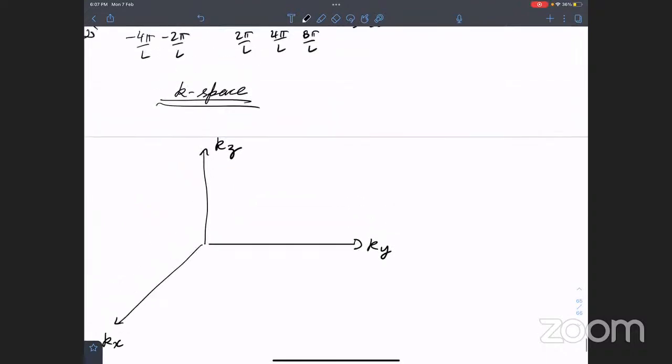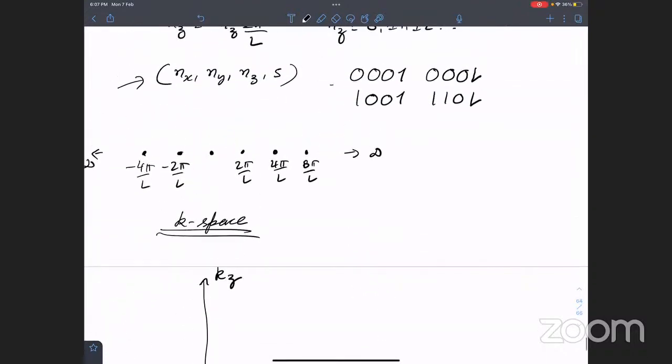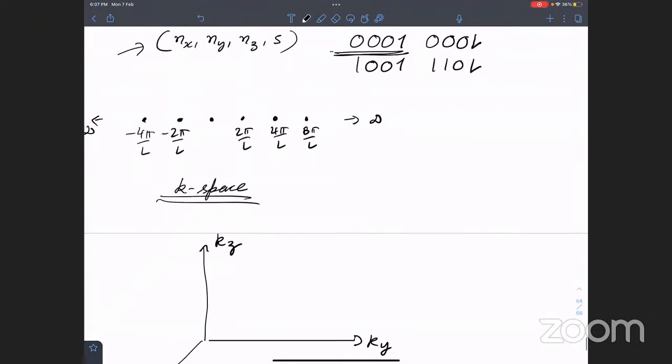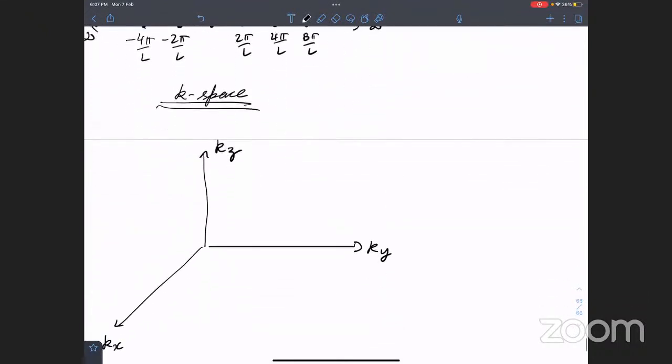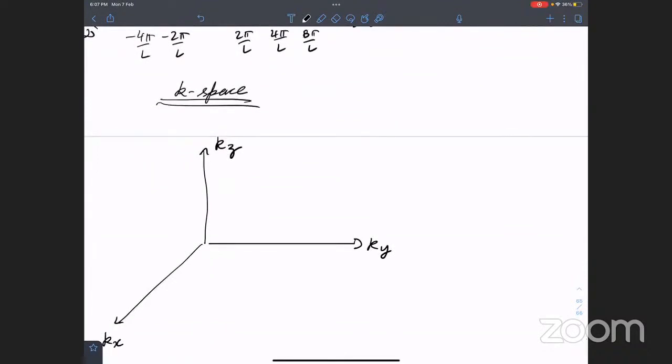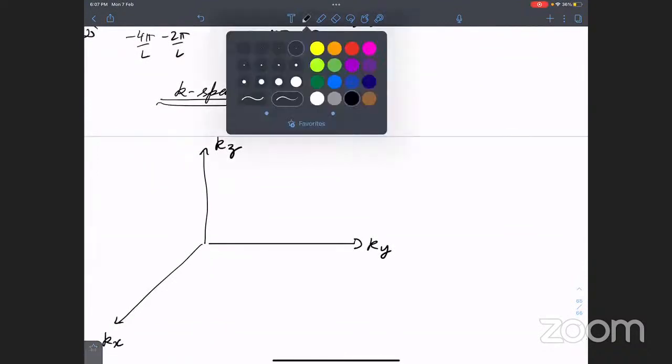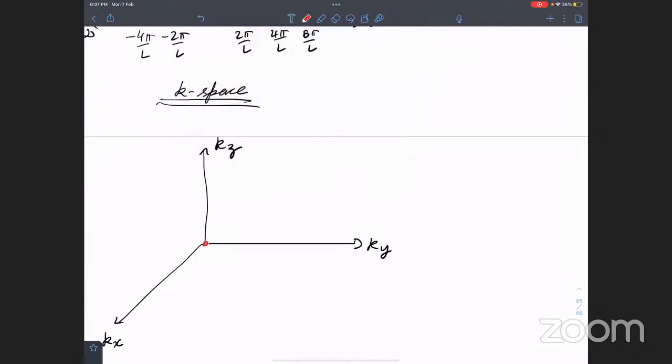So if I have a state with zero momentum, how do I represent that state in the K space? It will be represented by the origin.